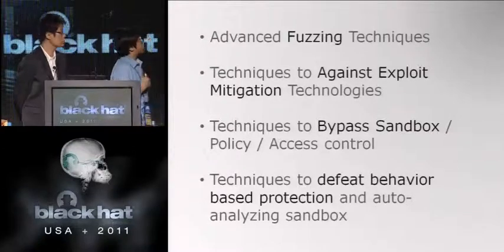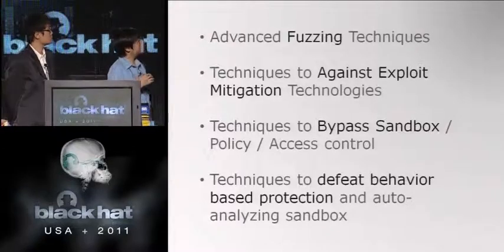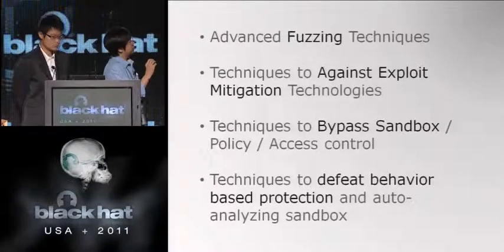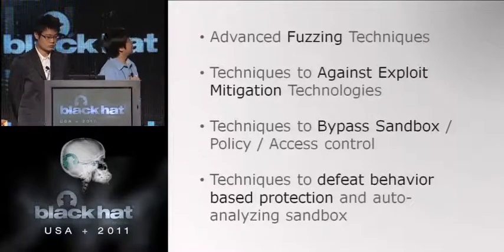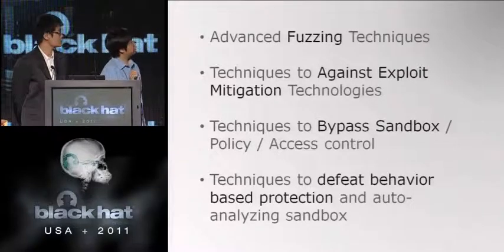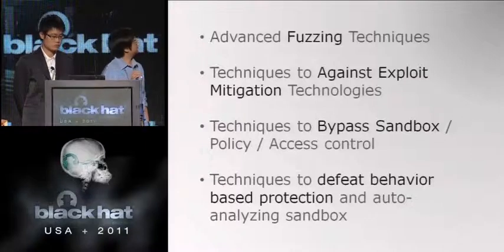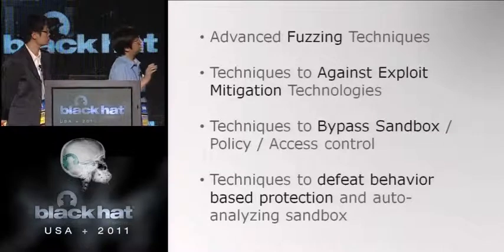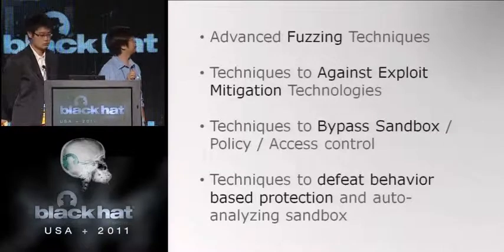The first, hackers will keep improving their fuzzing techniques. They will try to find more vulnerabilities. The second, techniques to work against exploit mitigation technology. For example, hackers will find new ways to defeat DEP and ASLR.